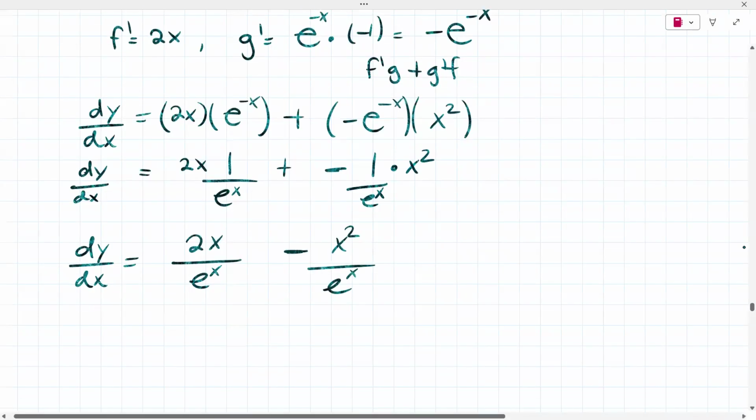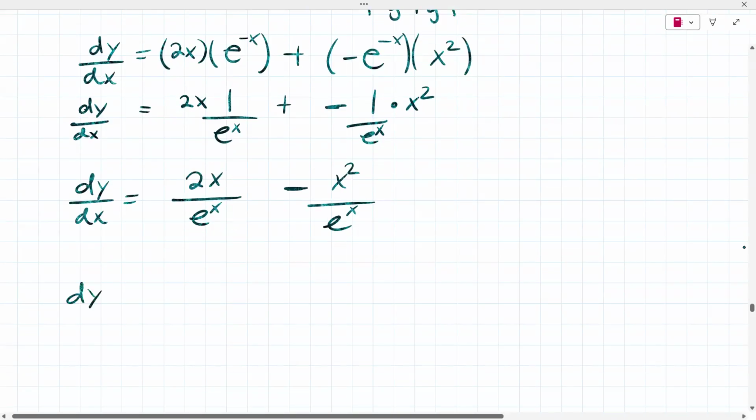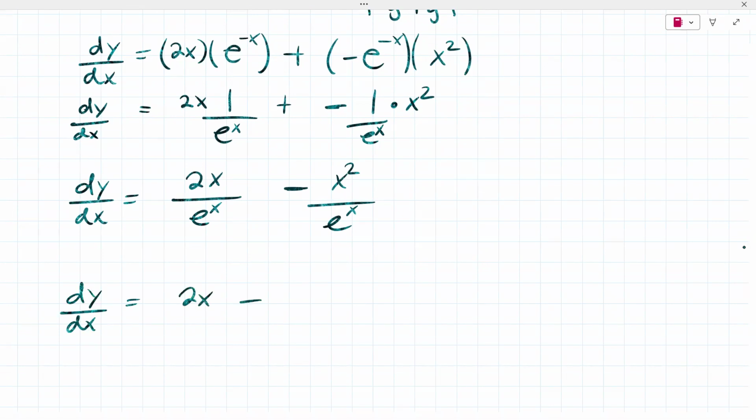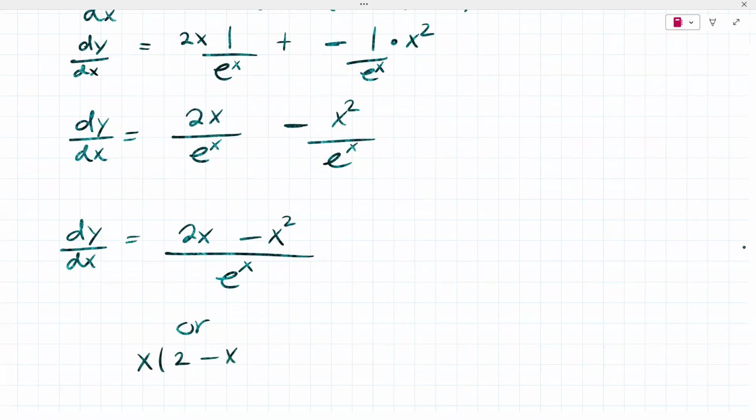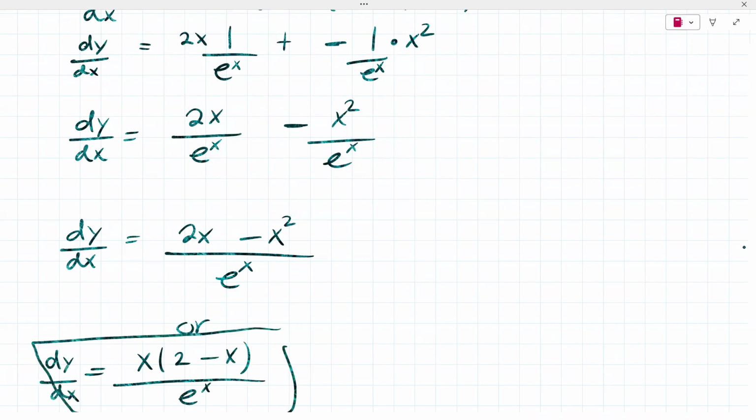Now you're subtracting fractions, and the good news is they both have e to the x on the bottom. So your final answer will be dy/dx equals (2x - x²) over e to the x. Or you can factor out an x on the top, so this would be x times (2 - x) over e to the x. So you could use this as my final answer, or you could use this.